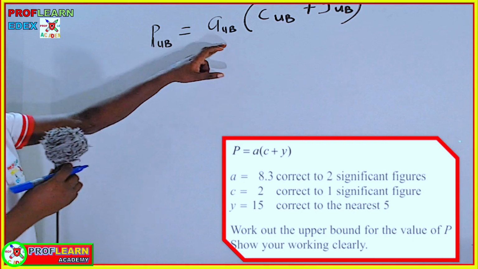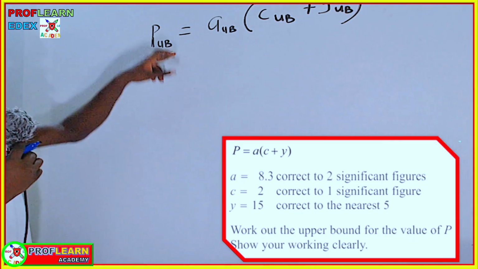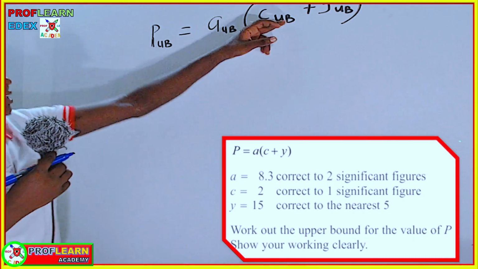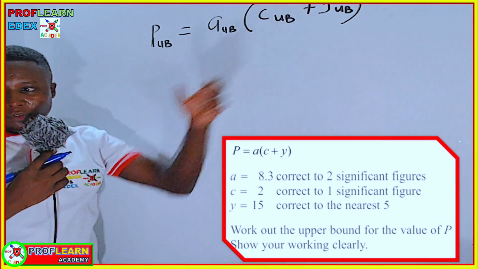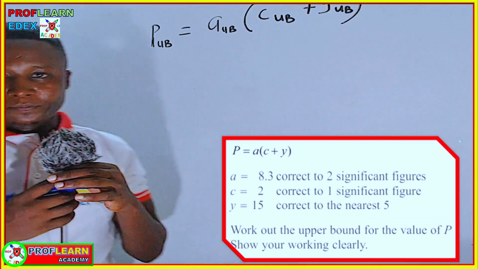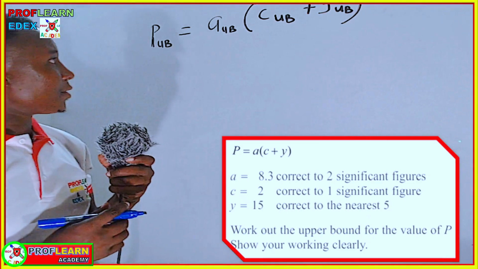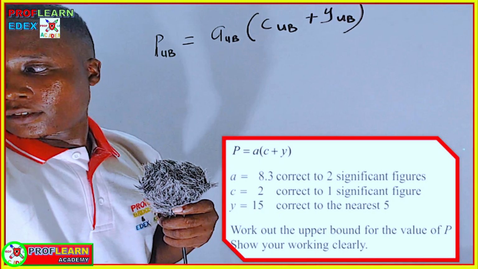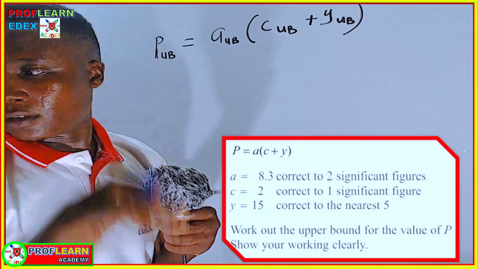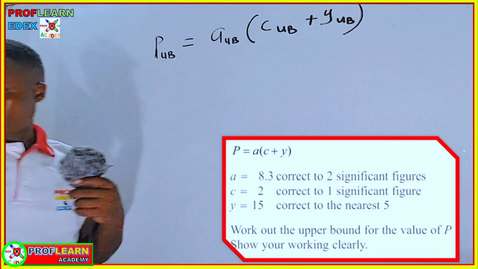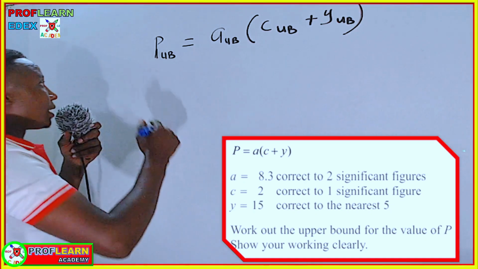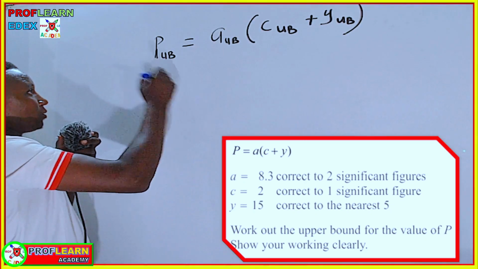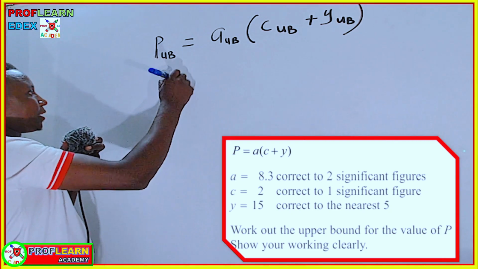You must multiply the upper bound of A times the upper bound of what's in the bracket. Yeah, right. So if you are able to use the upper bounds, you'll be able to get it like that. So let's now try to analyze A.